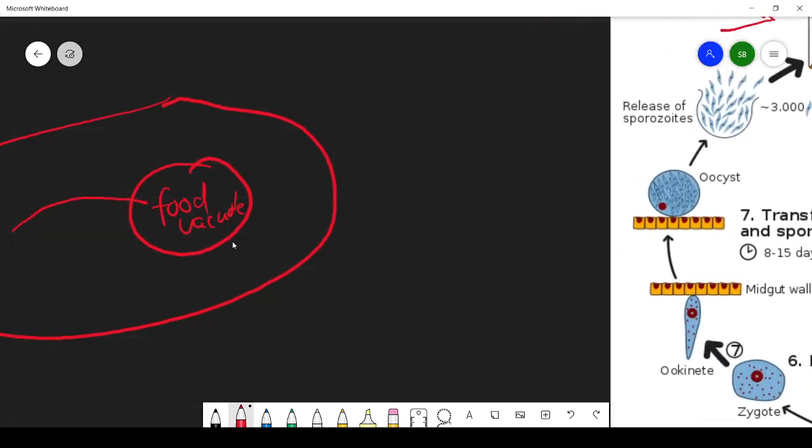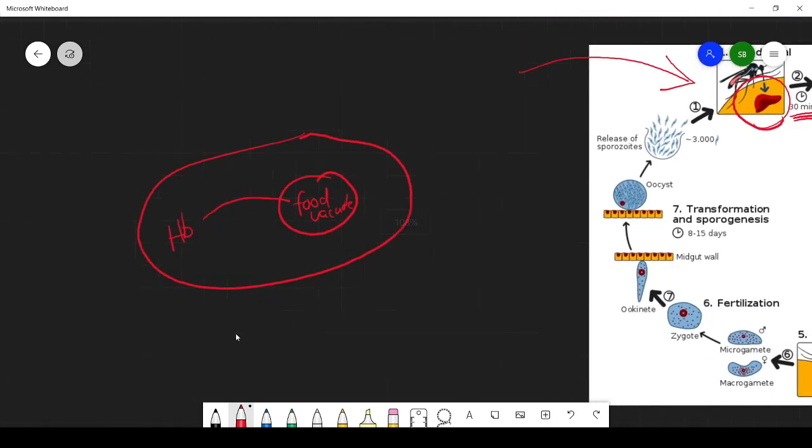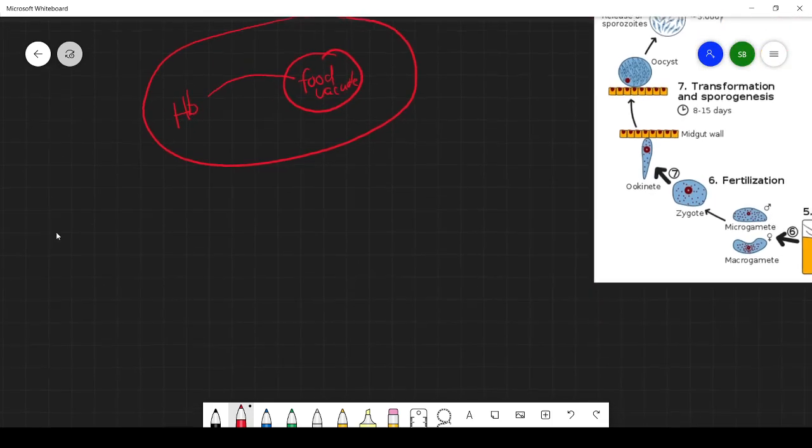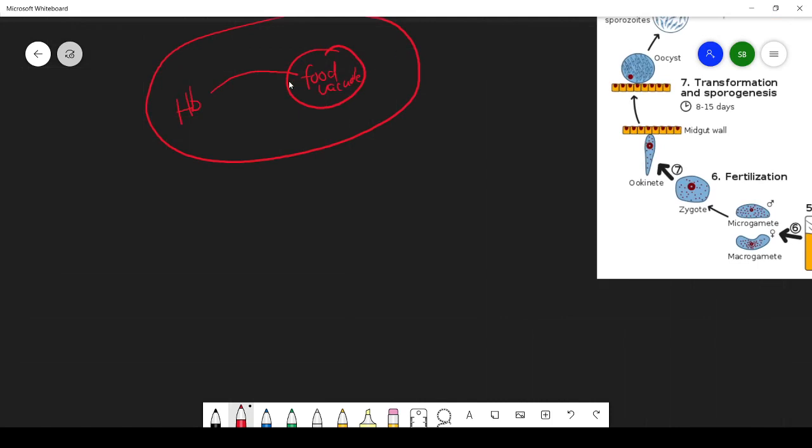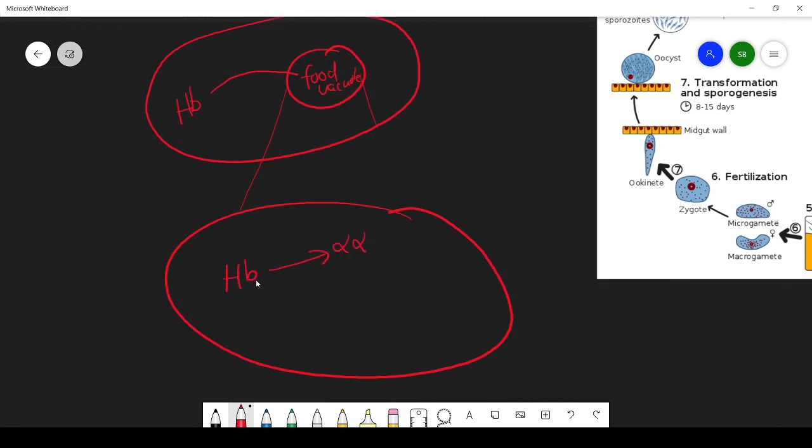And then here what they do is break up the hemoglobin. Let's draw this down here a little bit more. So let's take this food vacuole here. They break down the hemoglobin into amino acids and heme.